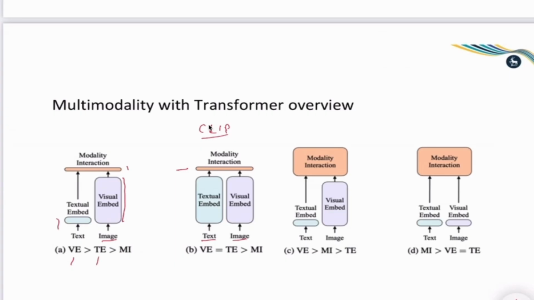You may choose to have a shallow text encoder and a deep visual encoder, and then you have deep multimodal interaction as well. Methods coming from LLM-based interaction, or vision and LLM-based interaction, fall into this category.